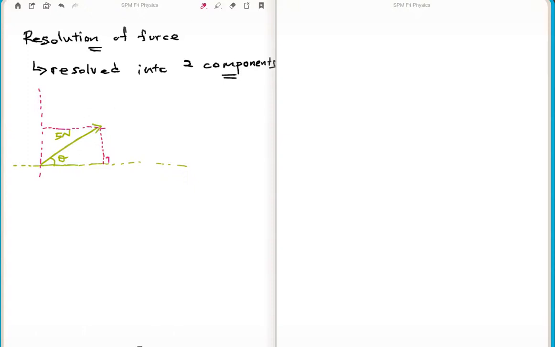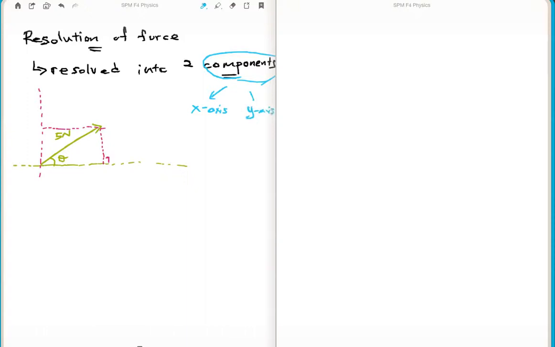So what you need to do is find out the component forces. The components are the x and y components. You need to find out what the components are in the x and y axis.